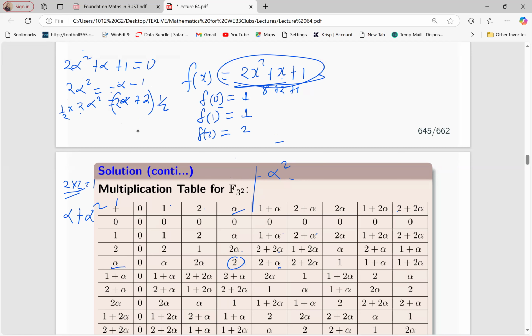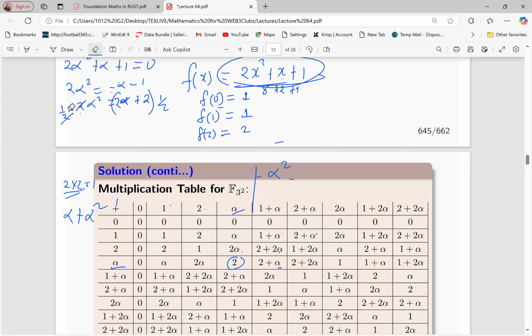In normal cases we would use a half, but in this case we don't. The inverse of 2 is not a half, it is 2. So multiply by 2 on both sides.